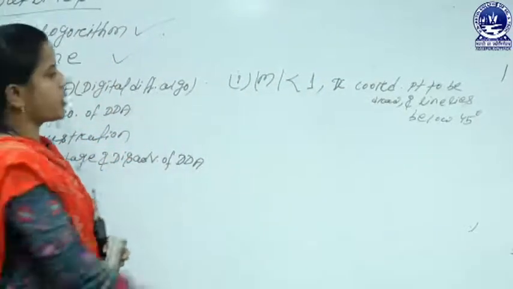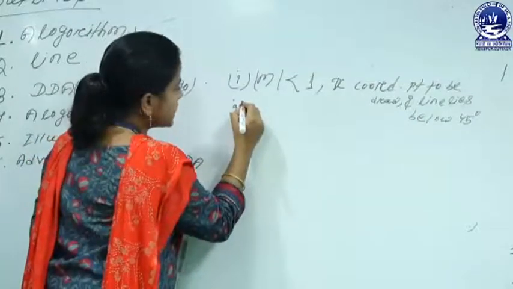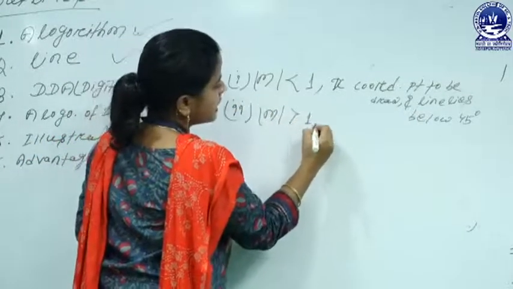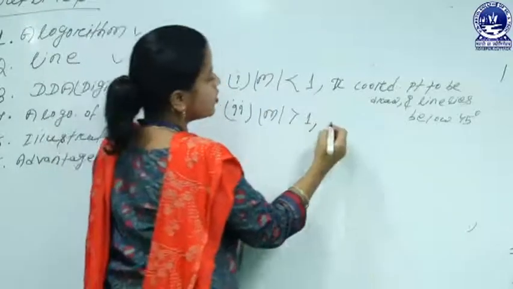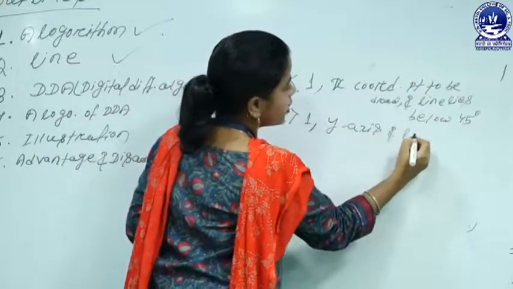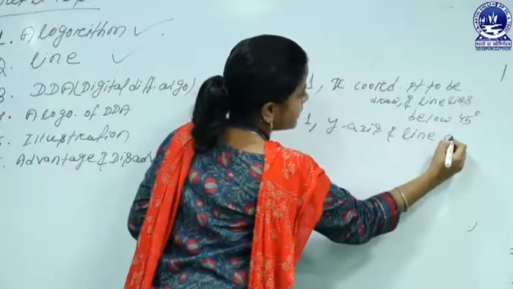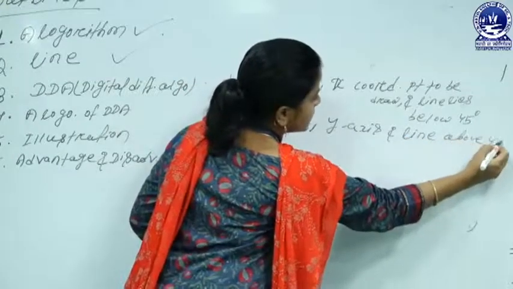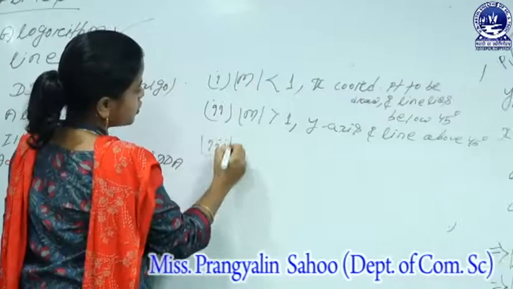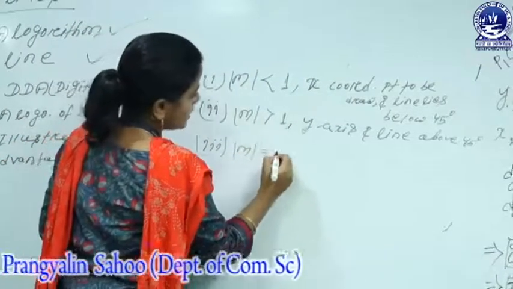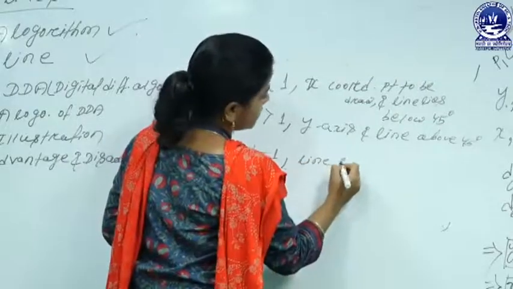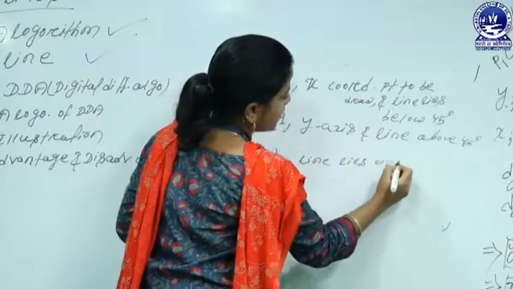That means when the slope is less than 1, here the point moves towards the x axis and the line lies below 45 degree. Then the second constraint: if the slope is greater than 1, here the points move towards the y axis and the line lies above the 45 degree. But if the slope is equal to 1, in this case the line lies on 45 degree.